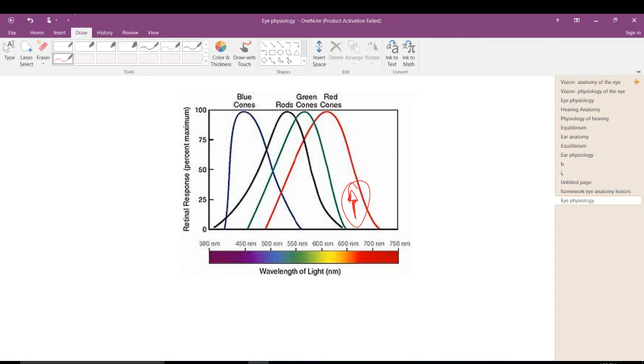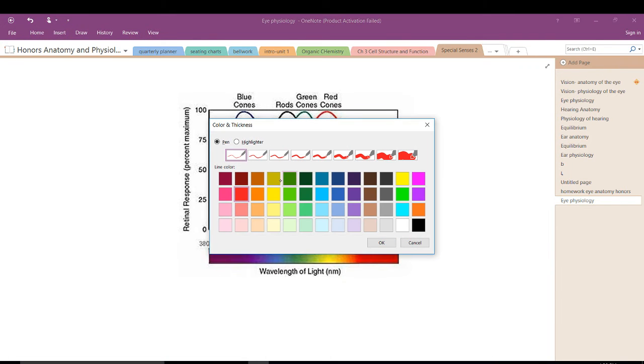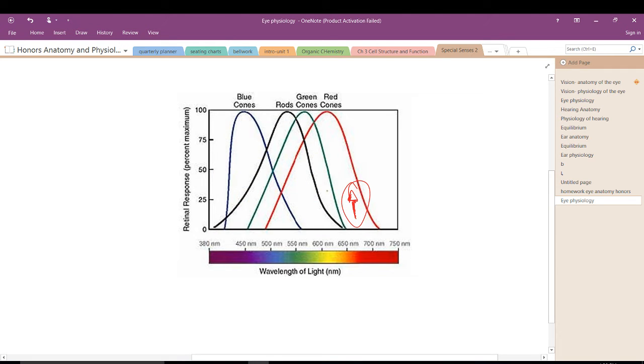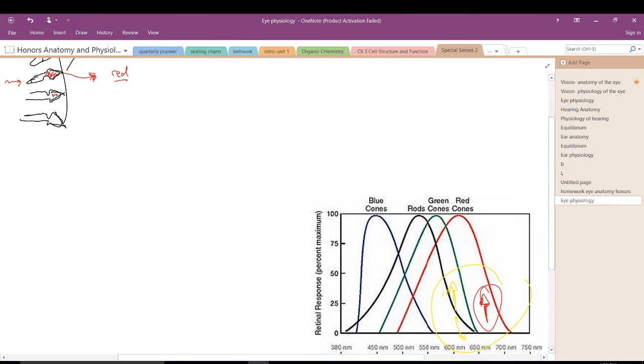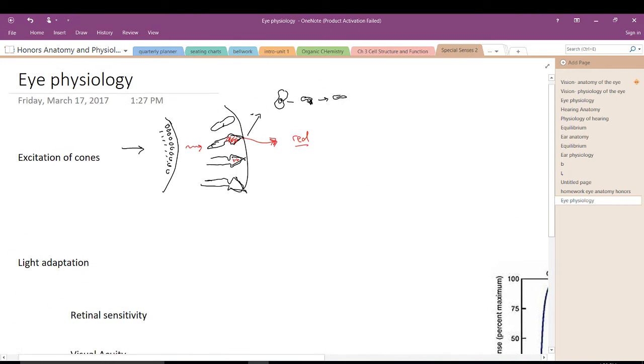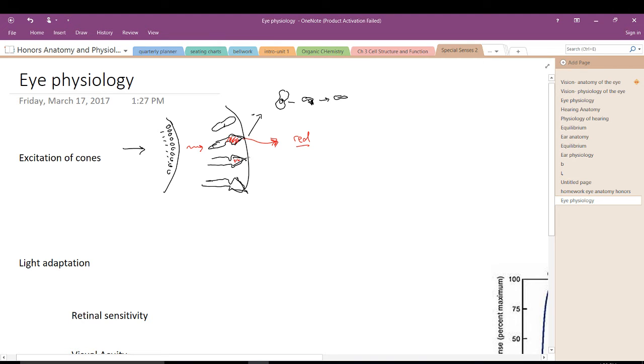But what if there is another cone getting a signal kind of right in here, and it's sending off a signal to the brain? Well, the brain is going to get both signals and sum them together, and you're going to perceive that collectively as orange.